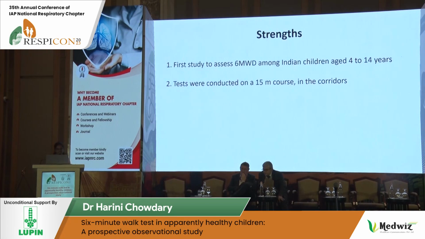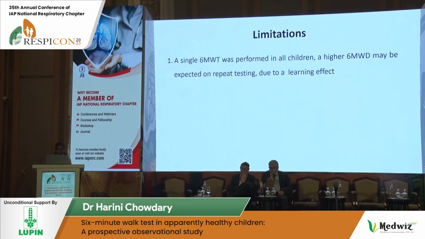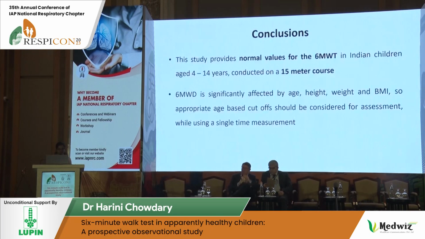Our study is the first to assess the 6-minute walk distance among Indian children aged 4 to 14 years, and the tests were conducted on a 15-meter course in the corridors, which may be more feasible in resource-limited settings like India, where space constraints are an important issue. The limitations of the study include that we performed a single 6-minute walk test, and we may be able to achieve higher values on repeat testing due to the learning effect.